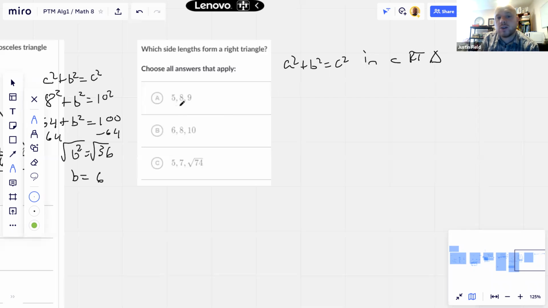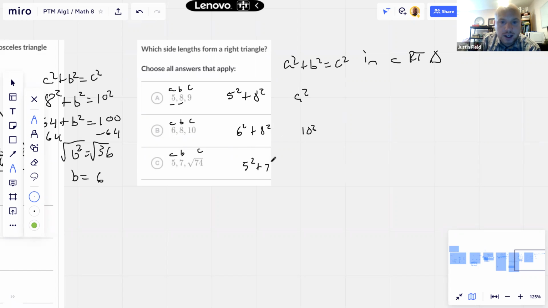So take the two shorter sides and make them a and b, longer side c. So they're all in order here. And then just square a and b and see if they equal c squared. If they do, then it's a right triangle. If they don't, then it's not a right triangle.